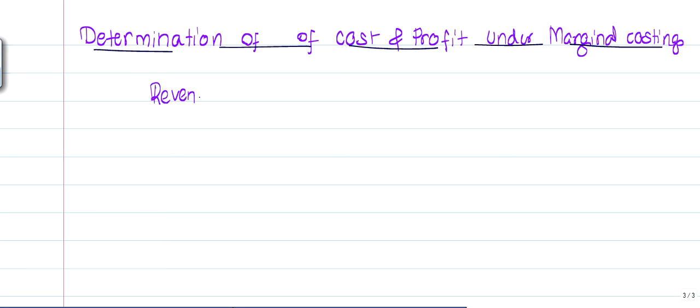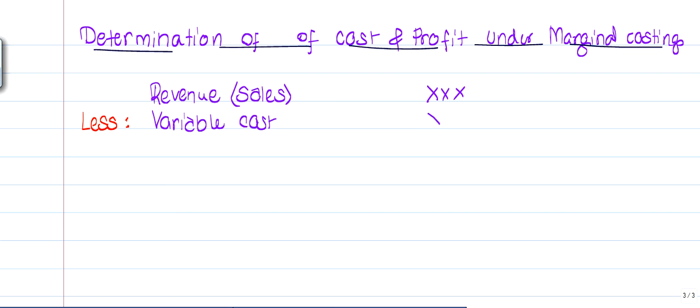Revenue or sales has to be deducted by variable cost.